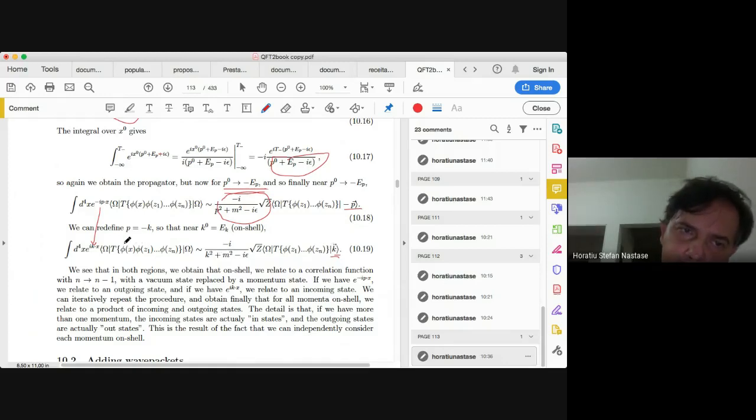In region 1 with e to the minus ipx becomes an outgoing state.